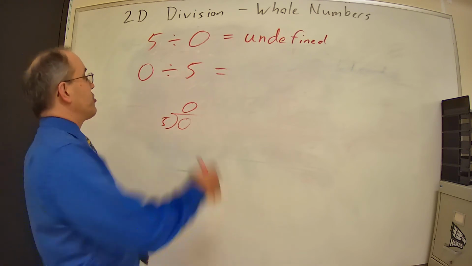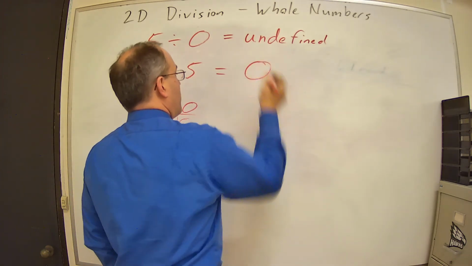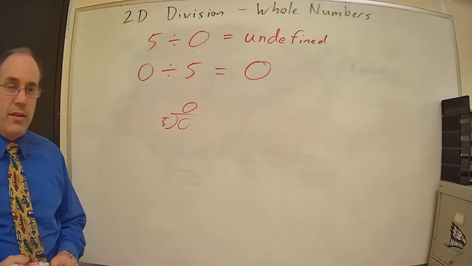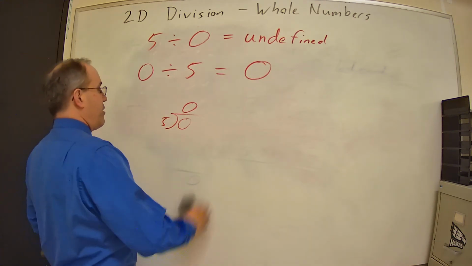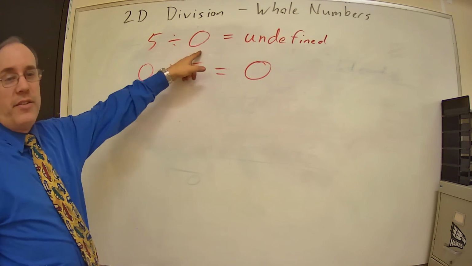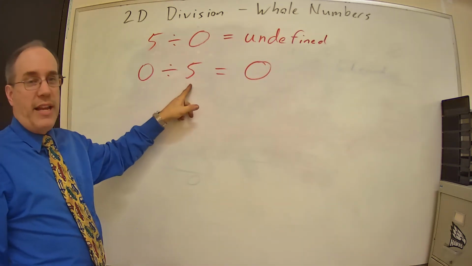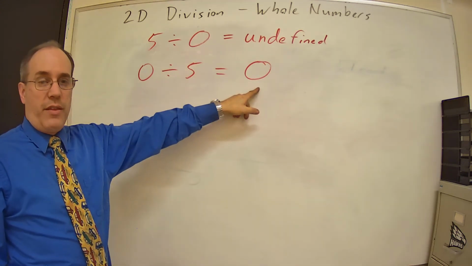So 0 divided by 5, or divided by any other number, is 0. So those are two things to take note of and be careful of. Any number divided by 0 is undefined. 0 divided by any number is 0.